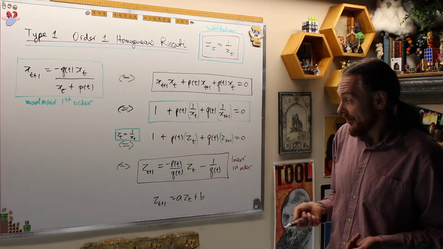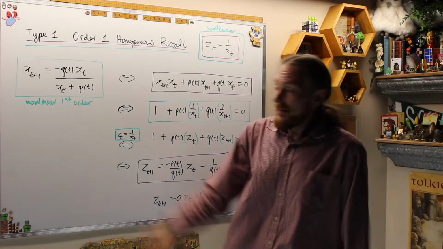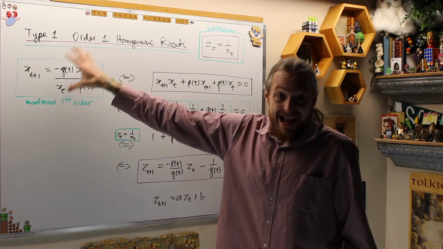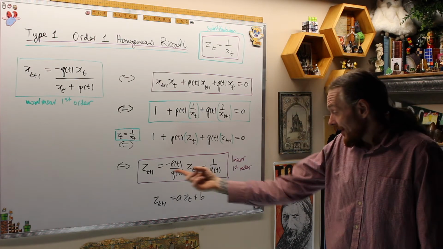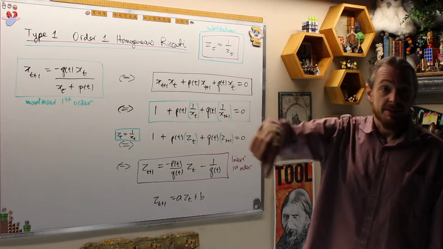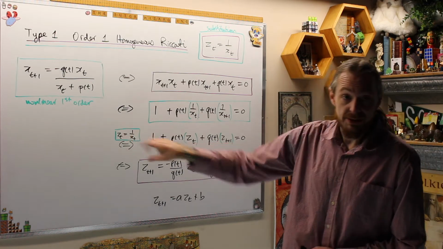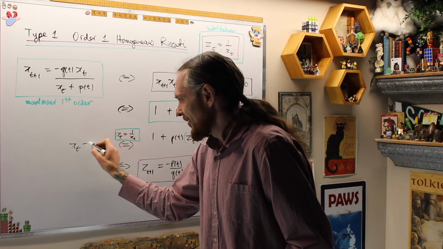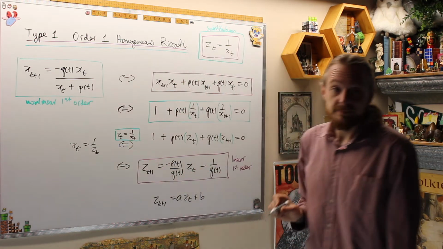That'll be the example we do. But the point is, this clever transformation takes a nonlinear first order equation in x and turns it into a linear first order equation in z. Then we can systematically solve for z and then back substitute for the reciprocal relationship between z and x. That means that x_t, of course, is also 1 over z_t.